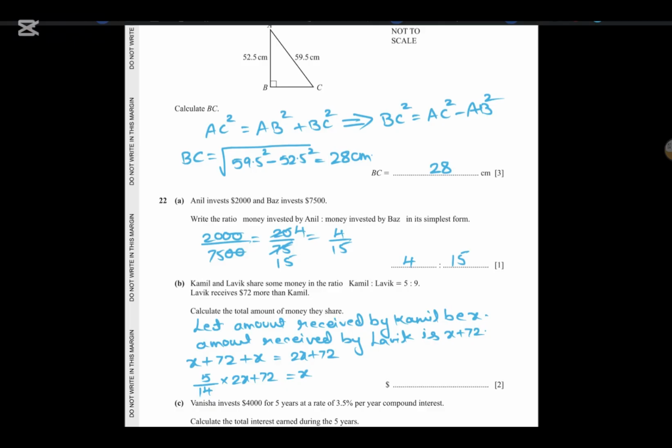Okay, so here 5 2s are 10, 5 into 72, bring 14x and find the x value.